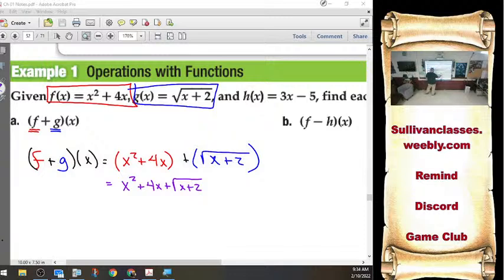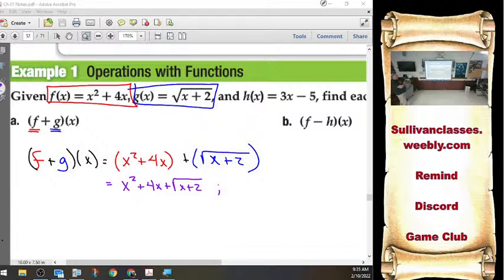It also asks for the domain. So we review. What are our commandments of domain? Thou shalt not divide by zero. Thou shalt not take an even root of a negative. Close enough, right? Thou shalt not take the log of non-positives. Do I have any of those three things in here?